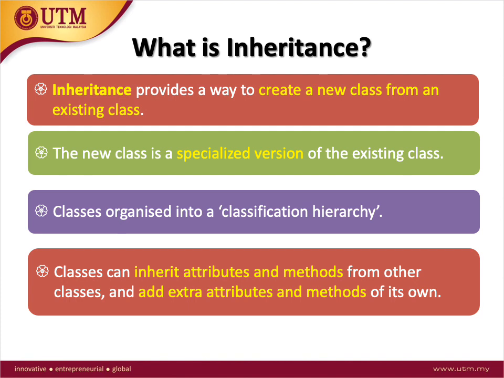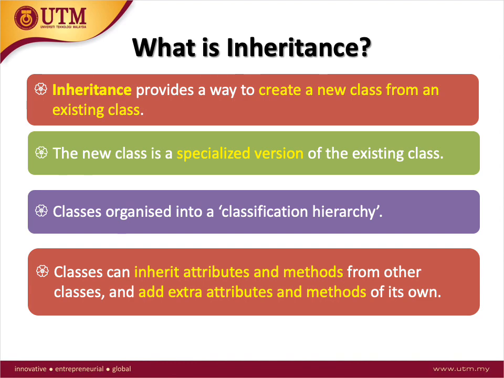They can inherit attributes from the base class. For example, the base class student has a name, so the undergraduate and postgraduate classes will inherit the name attribute from the base class. This is what it means.